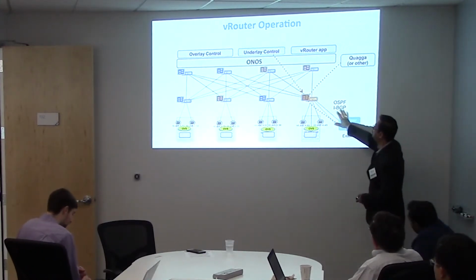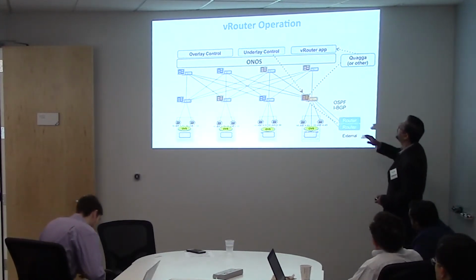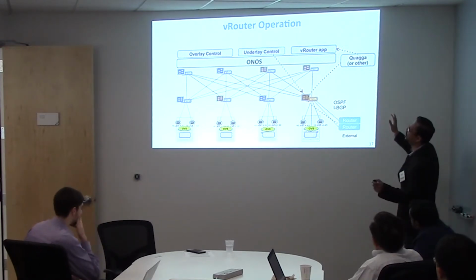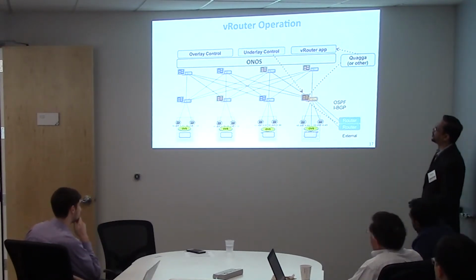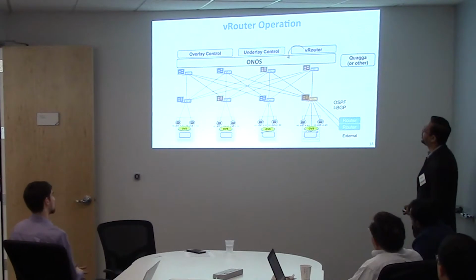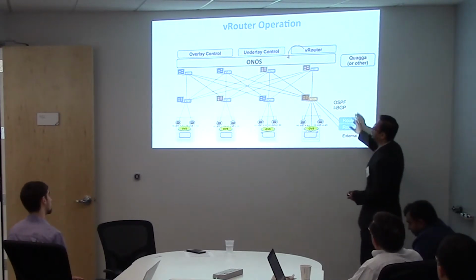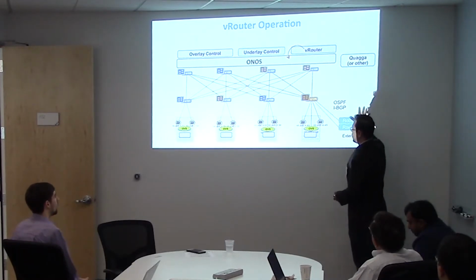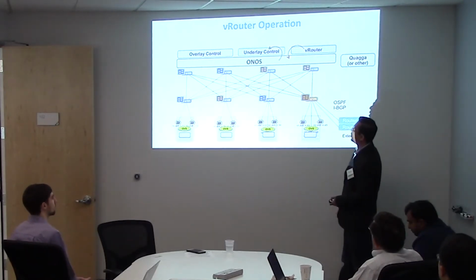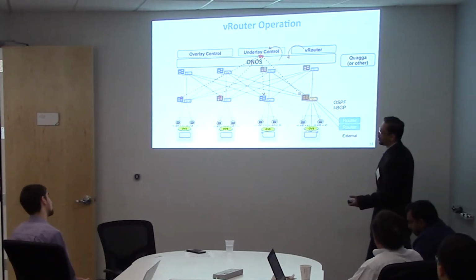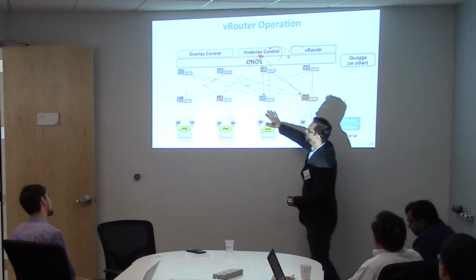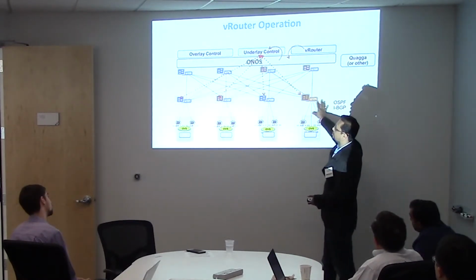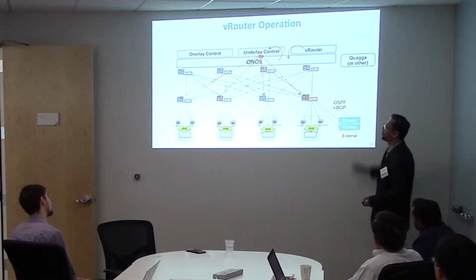And everything we learn from the upstream is then told to, so let's say, this vRouter app that is running on top of ONOS. That then tells the underlay that, hey, if you want to get to these IPs, then you have to get to this particular switch. So the underlay control then basically programs the entire infrastructure to have your default route or any specific routes out of that particular box, right?